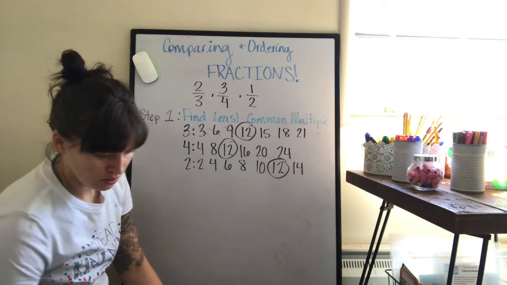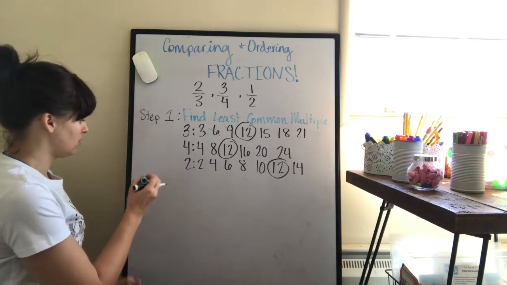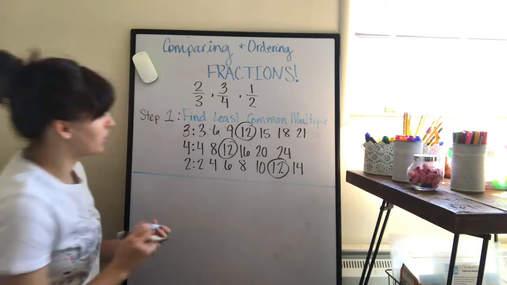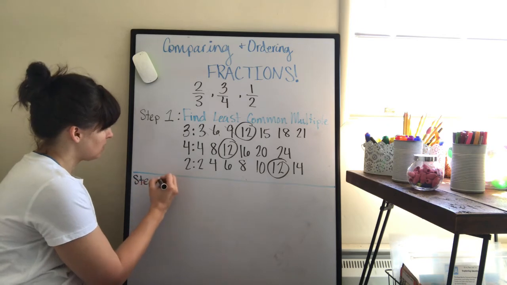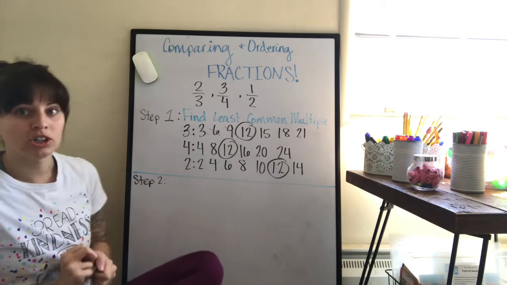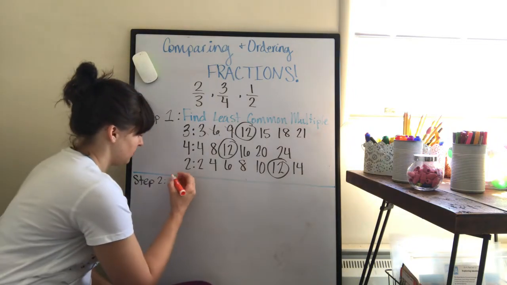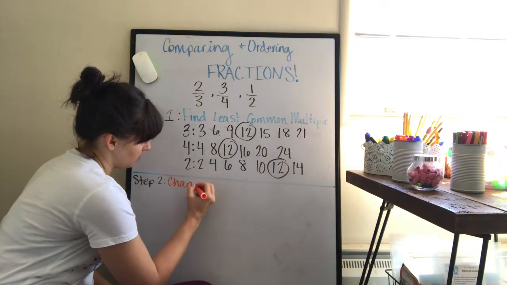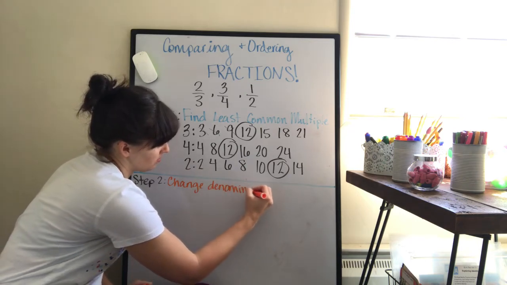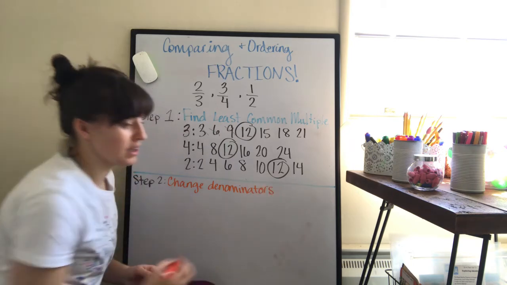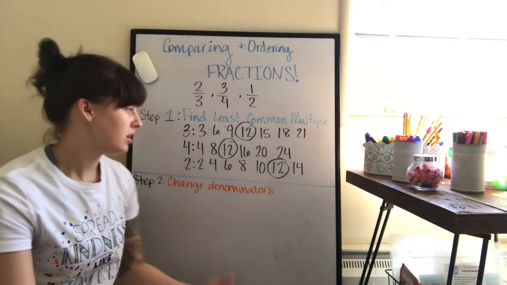So now we are going to step 2. We are going to change all of their denominators to 12, because it's easier to order fractions when they all have the same denominator.